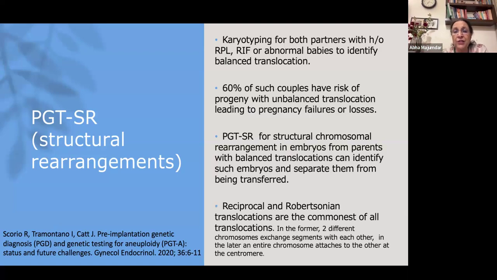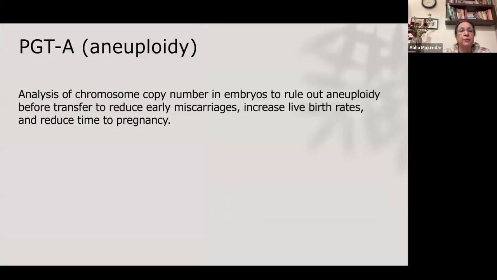The two most common translocations are reciprocal or Robertsonian translocation. These are the commonest of all translocations. In reciprocal, two different chromosomes exchange segments with each other. In Robertsonian, an entire chromosome attaches to another at the centromere. So an entire chromosome, one segment, the P or Q, will get deleted and go and attach to a centromere.